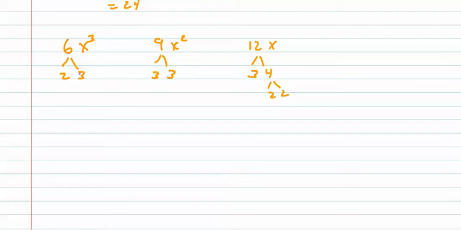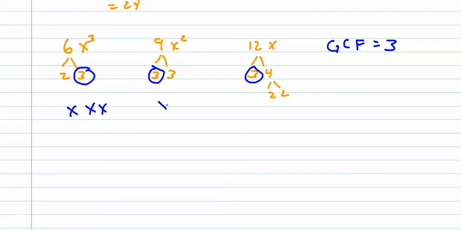I have a 3 common, a 3 common, and a 3 common. I have no 2's here, so my greatest common factor is 3. When I look at my x's, I have 3 x's, I have 2 x's, I have 1 x. The only thing I can possibly circle is 1x. That's all that's in common. So my greatest common factor is 3x.